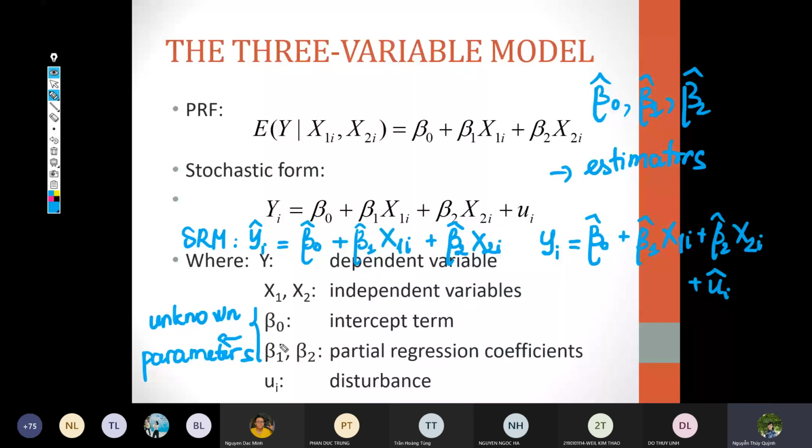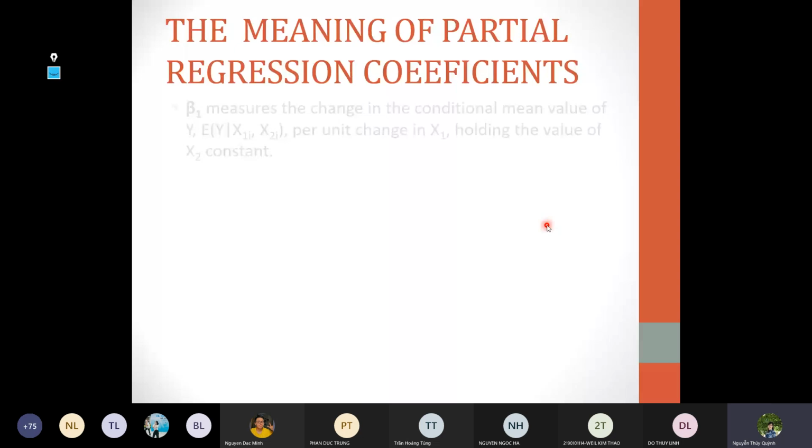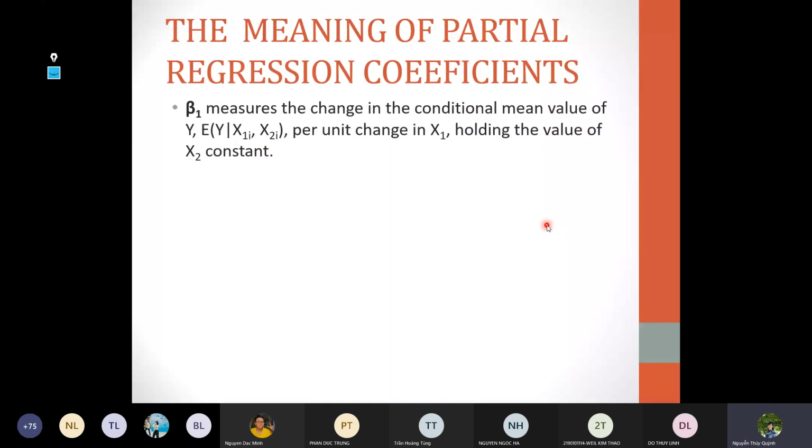Now, here we have the meaning of the partial regression coefficient. We call beta 1 and beta 2 the two partial regression coefficients because each shows the effect of only one independent variable on the dependent variable.